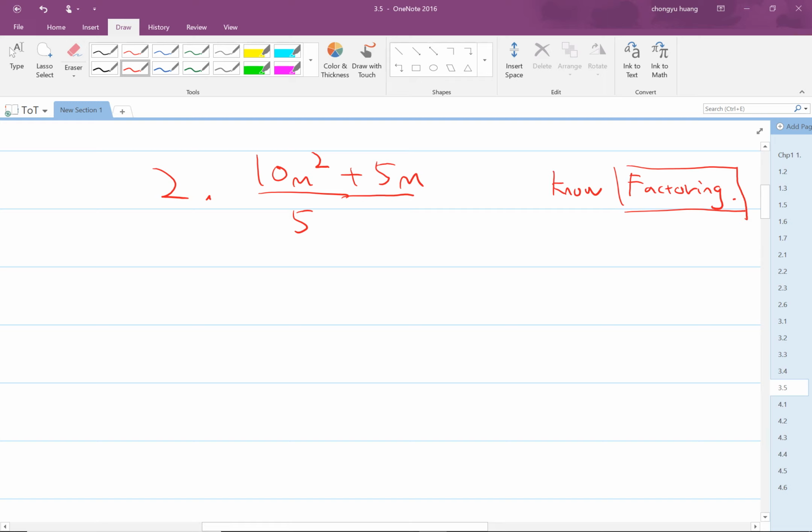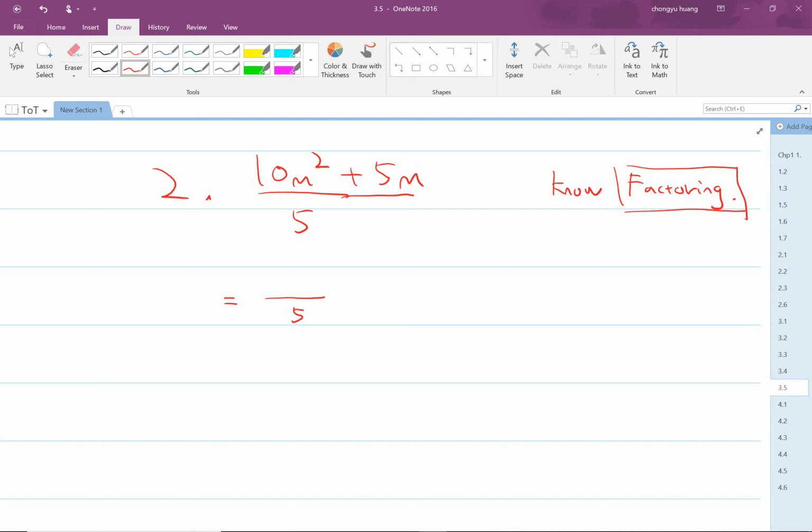If you don't, I will talk about factoring right now, because if you know how to factor in this problem, then everything becomes really easy. You can see over here we have 5 as the denominator.